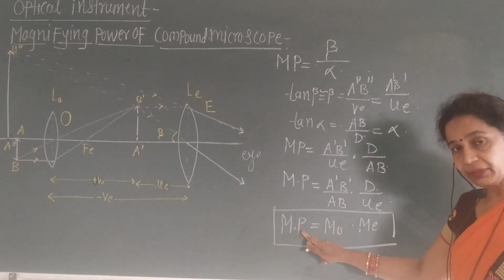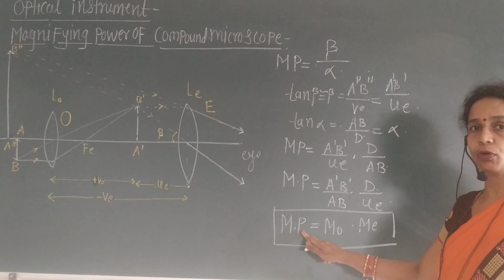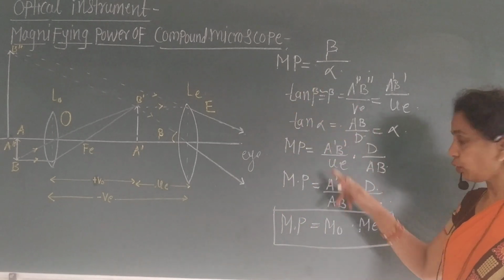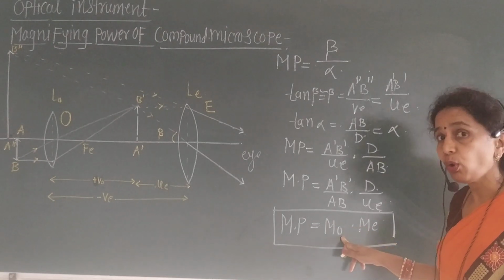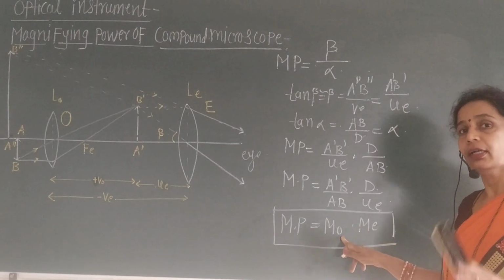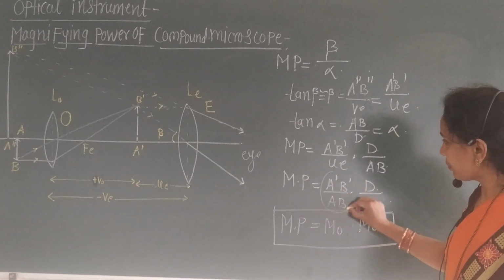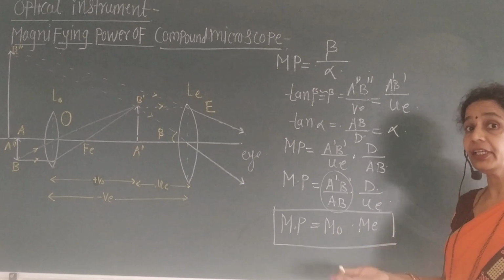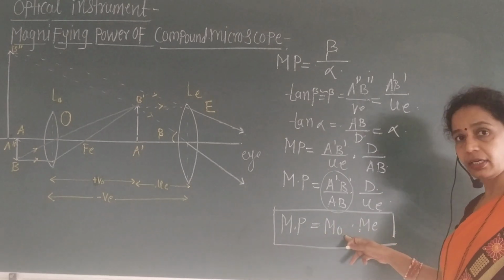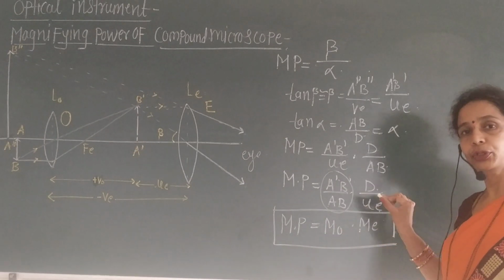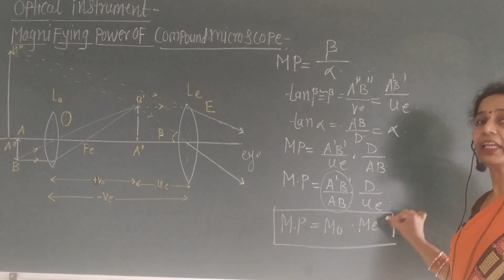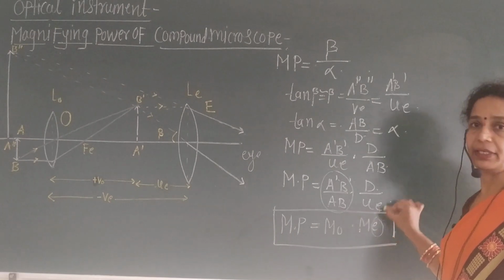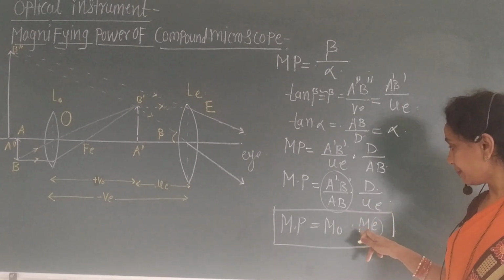MP means the magnifying power of the compound microscope, or angular magnification of the compound microscope, which is equal to MO into ME. MO is the linear magnification, A dash B dash upon AB, and D upon UE is ME, the magnifying power of the eyepiece.